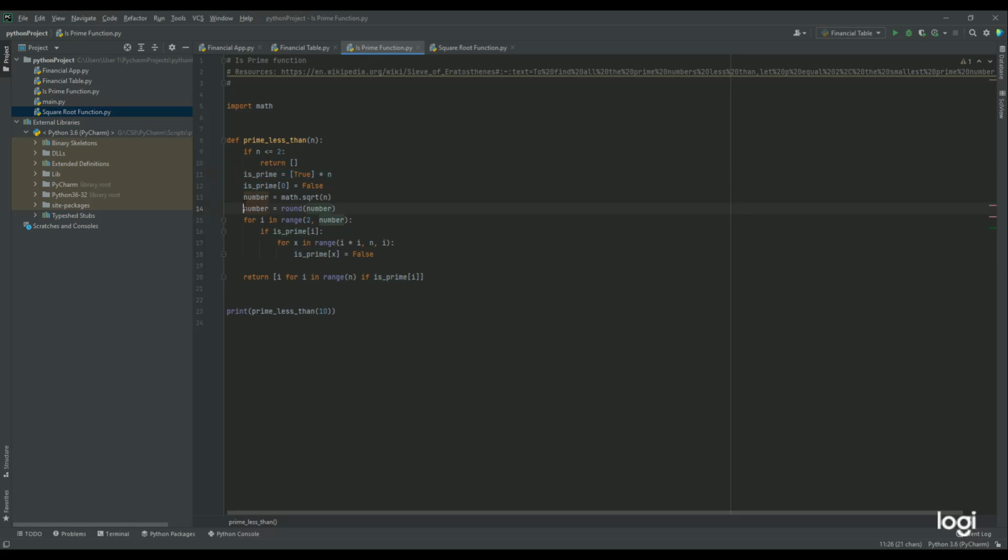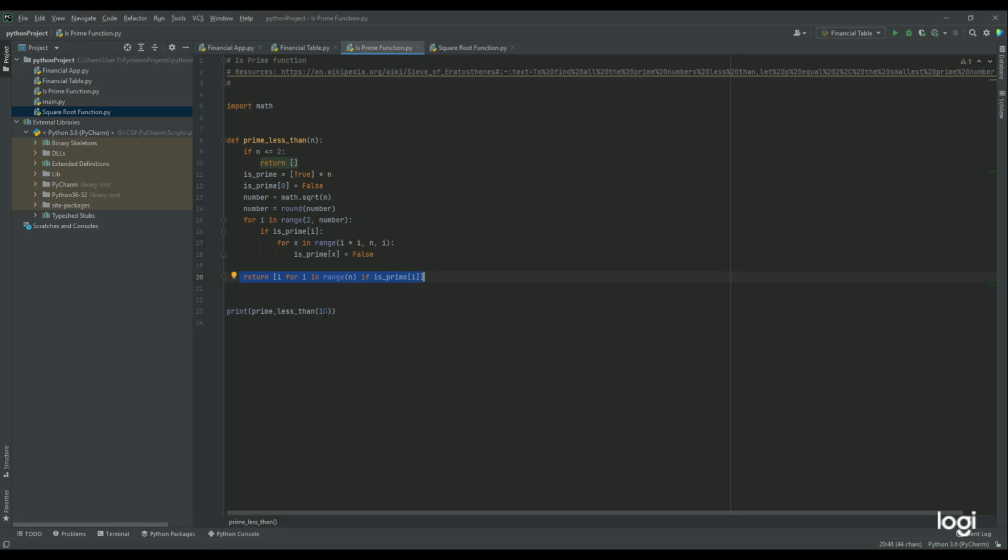It then goes into this, which will, as I explained, go through the numbers and assign numbers that have factors as false. Therefore, in the end, having this return variable will only give us the numbers that are still marked as true once the code goes through every number.